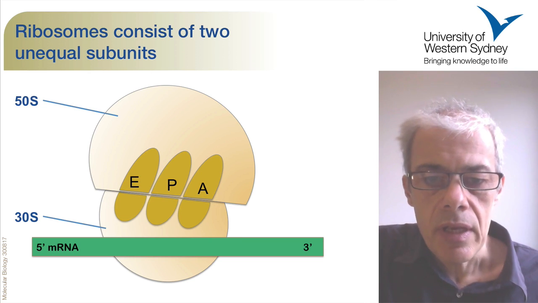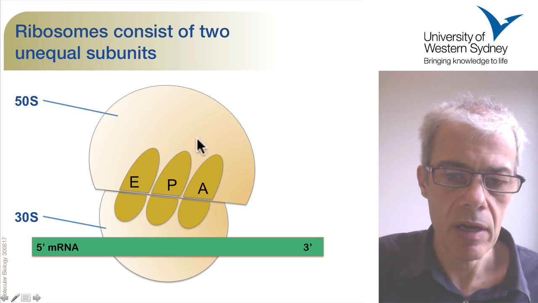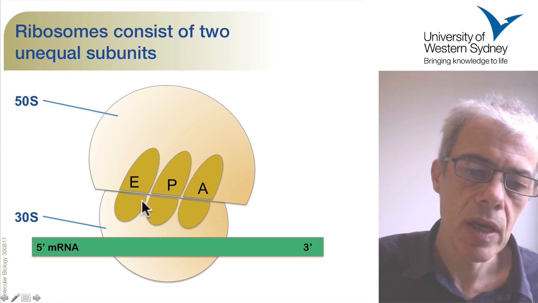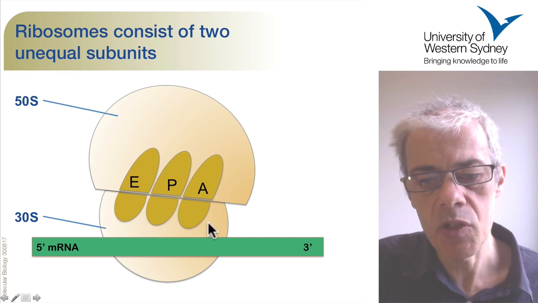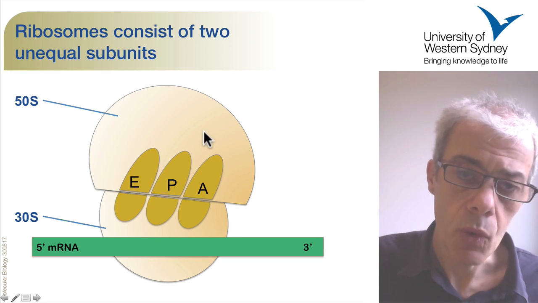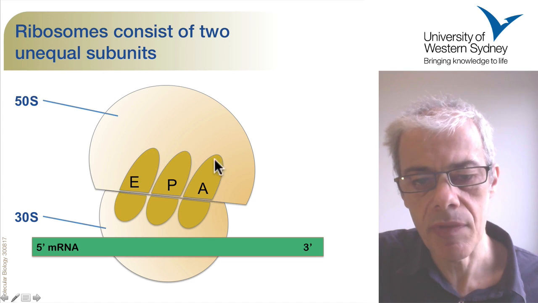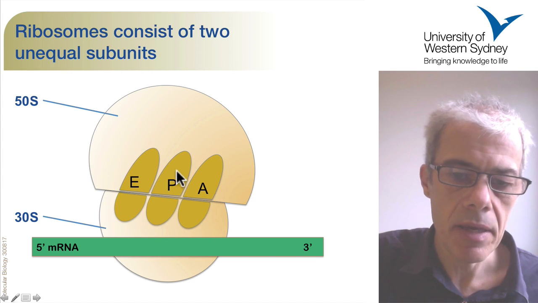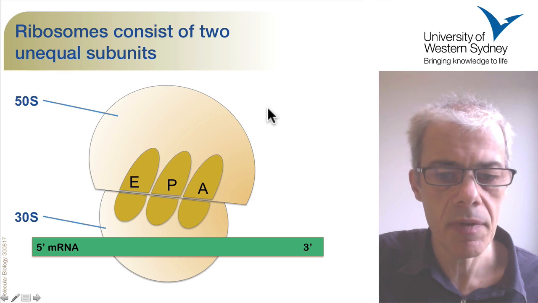So here I'm showing you a cartoon of a ribosome. So we have the large 50S subunit of a ribosome, and then the smaller 30S subunit of a ribosome. Now between these two large structures, the ribosome forms three pockets, if you like, three sort of active sites, referred to as A, P, and E. And I'll describe to you what these sites are.